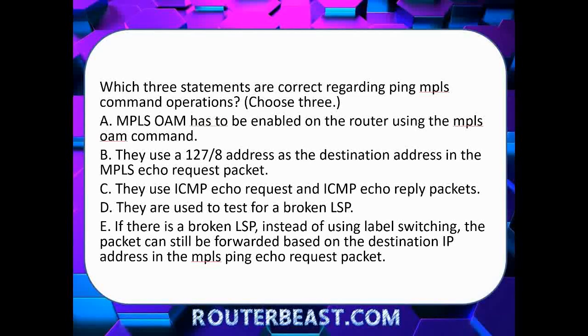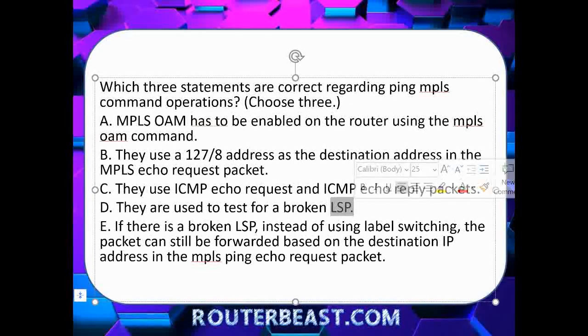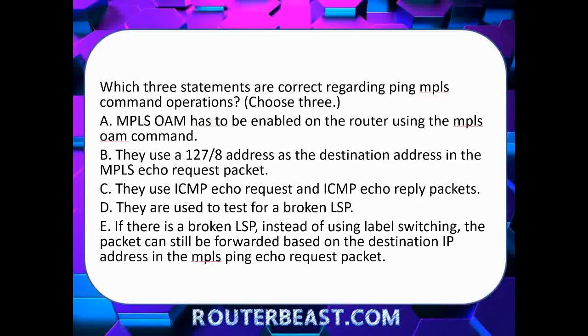D, they are used to test for broken LSP or label switch path. That is a true statement. And so let's take a look at E. If there's a broken LSP, instead of using label switching, the packet can still be forwarded based upon the destination IP address in the MPLS ping echo request packet.